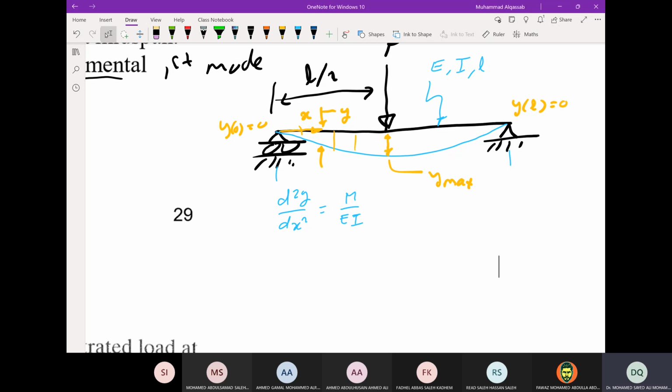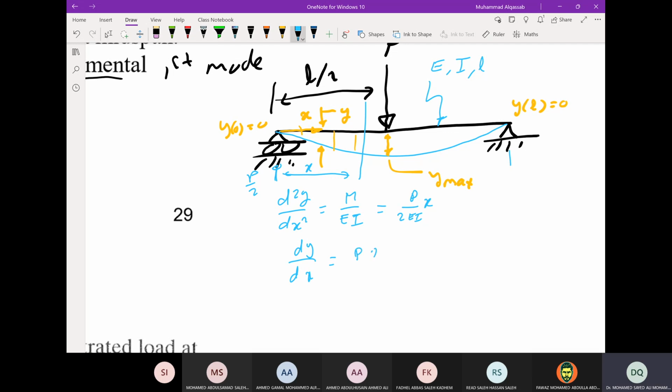When you do the integration, you will get dy by dx equal to, the moment, you need to take a section here. This will be P over 2, and this is x. Then this will be minus, this will be plus, Px, P over 2 x, and then you do the integration.